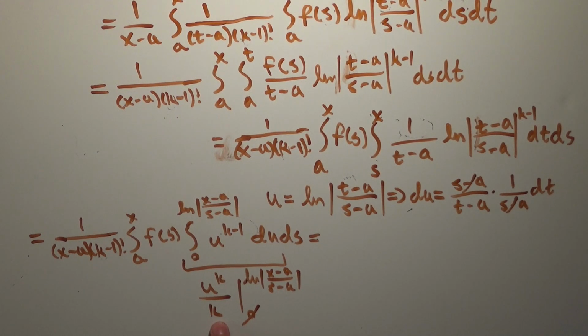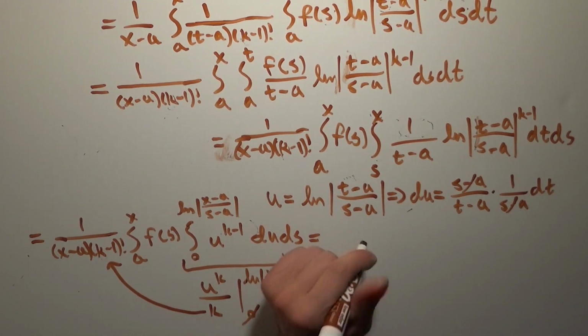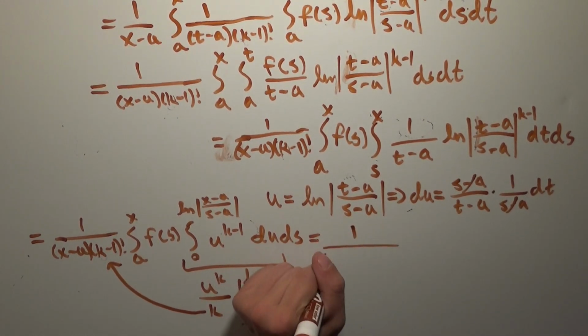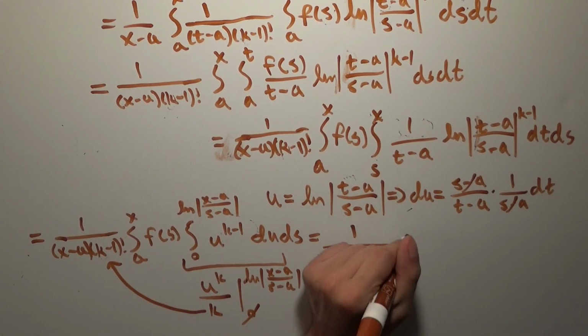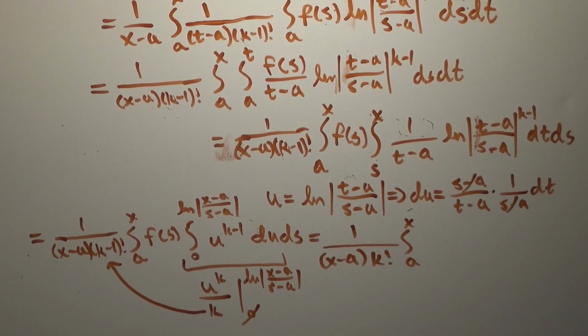And so this k can be factored out of the integral and go here to make this k factorial. So this k goes right to there, makes that k factorial, and then plugging this into there, we end up with 1 over x minus a times k factorial times the integral from a to x of, now we can just make s t again because it doesn't really matter what letter we use, it's a dummy variable anyway.